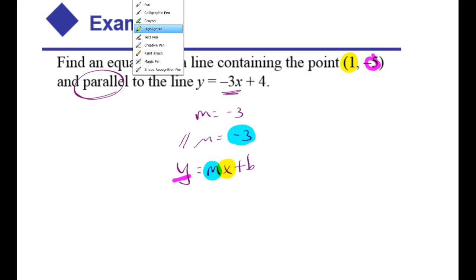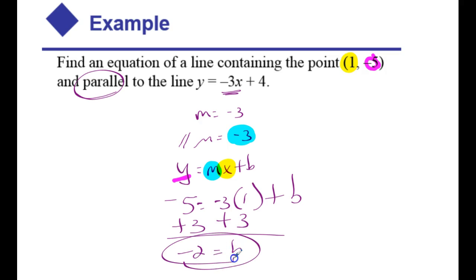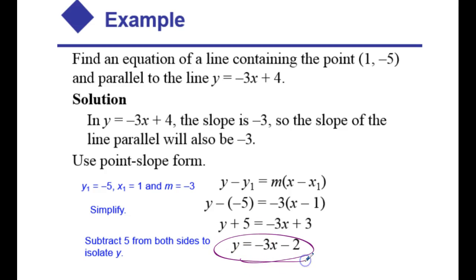So plugging everything in, I'll get negative 5 is equal to negative 3 times the x value 1 plus b. I'll add 3 to both sides. And solving for b and having the slope, I should be able to write the equation y is equal to negative 3x minus 2. This line is parallel to this line and passes through that point. Negative 3x minus 2 is what the author got as well.